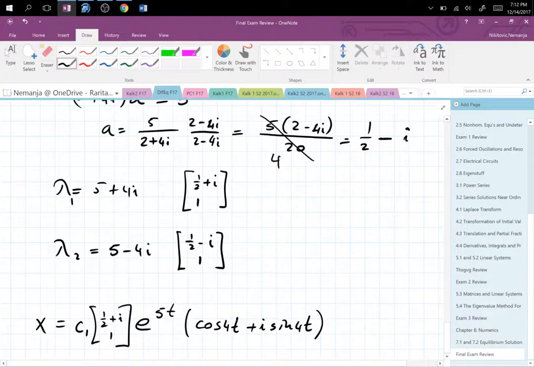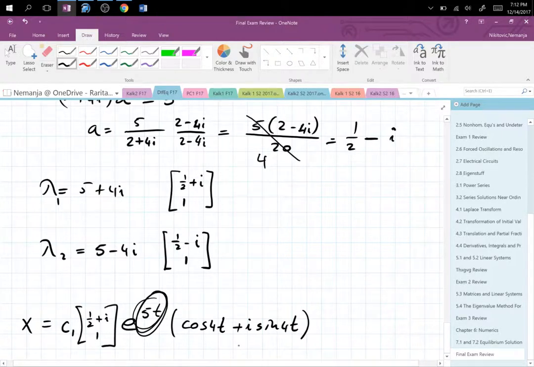The A term is 5 and the B term is 4. Right? You happy?